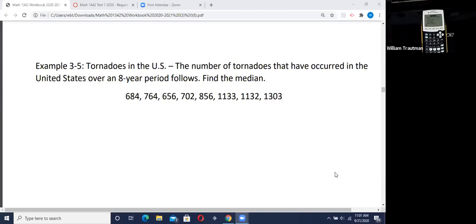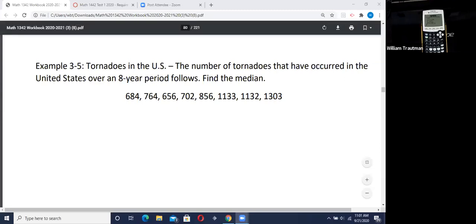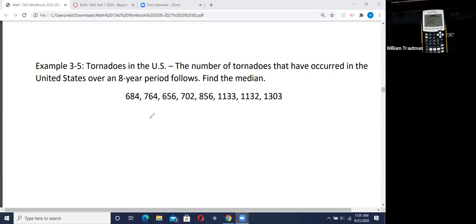So for this particular problem, we don't have to put anything in order. We put everything in L1, then we do stat, calculate, 1 var stats, scroll down till you see median.